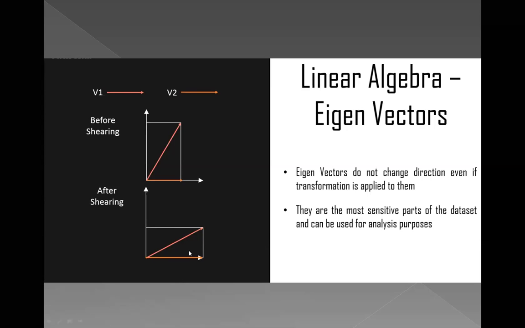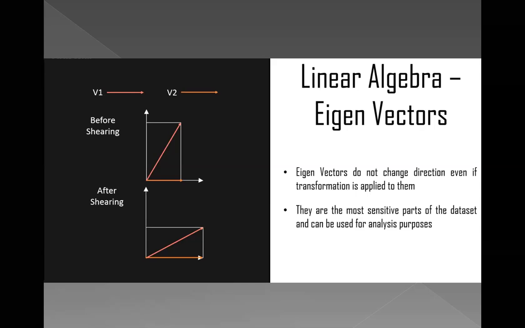What is really happening here? Vector 2 has changed totally, whereas vector 1 has not changed. The magnitude varied, but look at the direction, it did not vary. That vector we call an eigenvector.